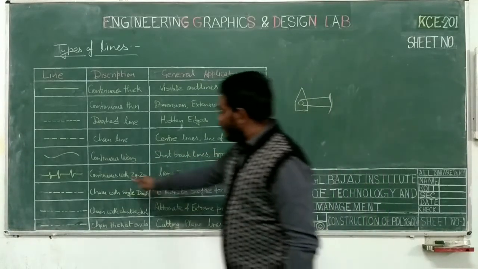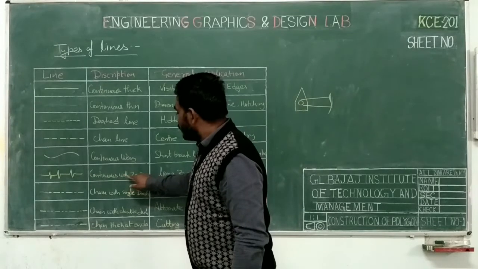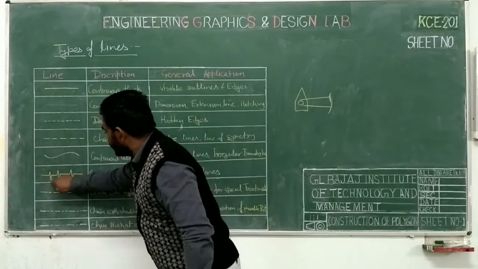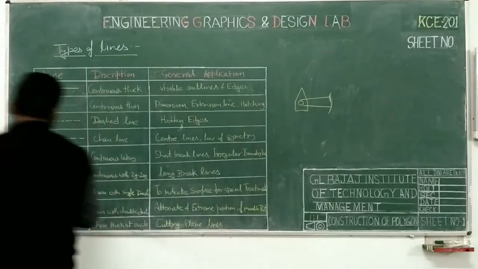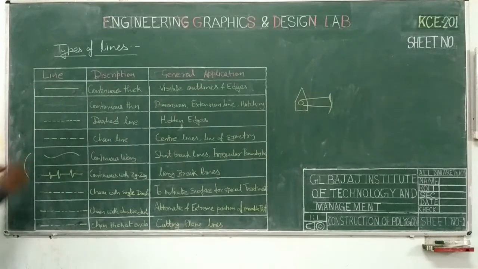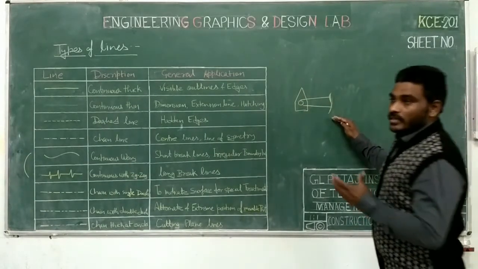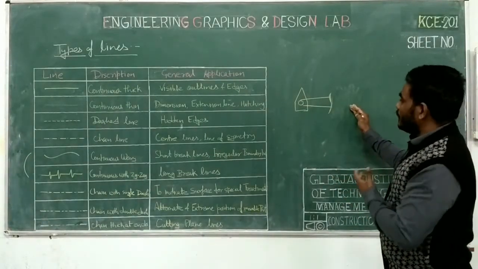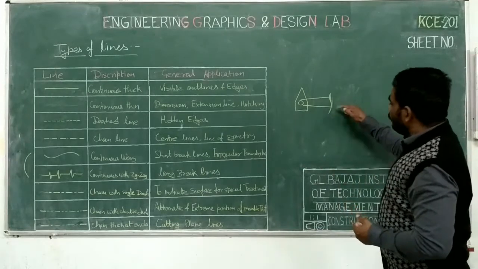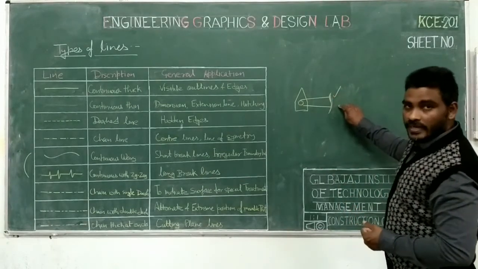After that, we have continuous line with zigzag. This is continuous with zigzag. The purpose of these two lines is the same, but what is the difference? Let us discuss it. If we have a comparatively short component which we are going to break, we will use this short break line.